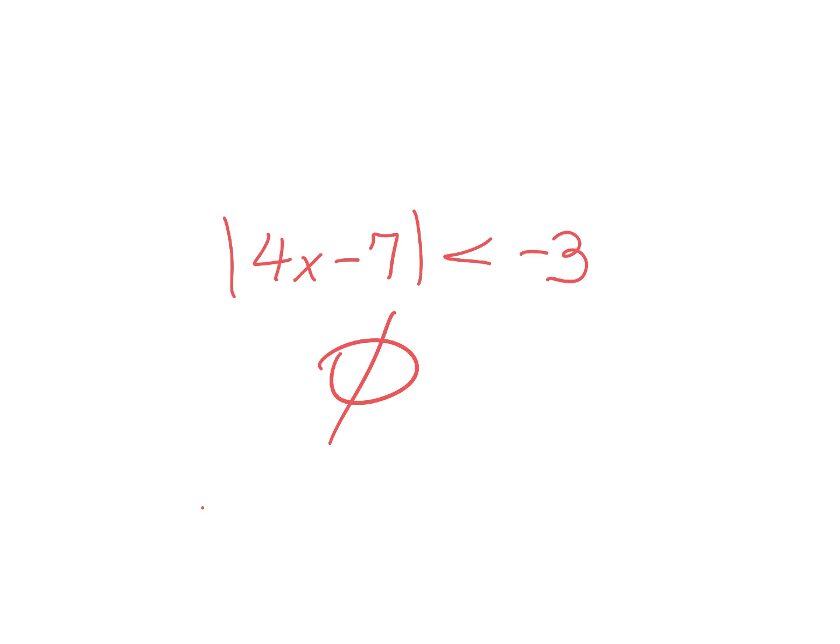On a number line, you would just leave it empty. So that is a no solution answer whenever you have something that's less than or even less than or equal to. Okay, so just remember, we can never get something that will equal a negative number or be less than a negative number. So that is it for section 1.7.